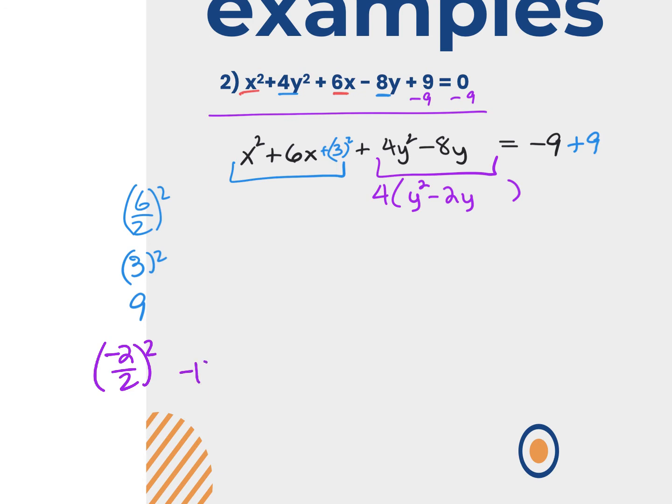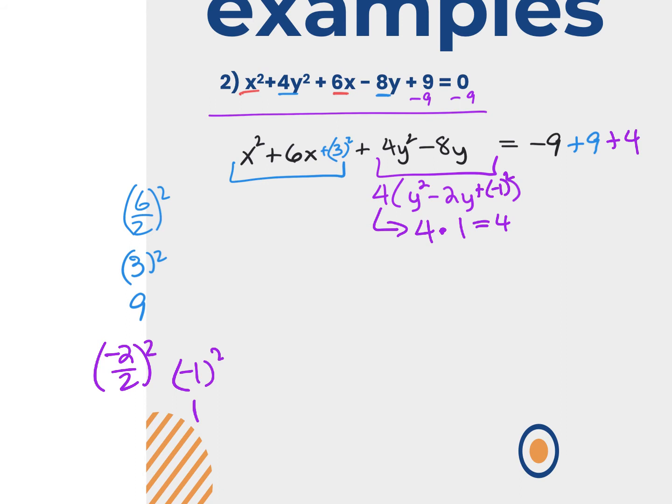This gives me negative 1. And I square it, and it's positive 1. So again, what I'm going to fill in here is going to be plus negative 1 squared. But on the other side of the equal sign, remember you got to take the 4 you factored out, times it by the 1. And what we're really adding here is plus 4.